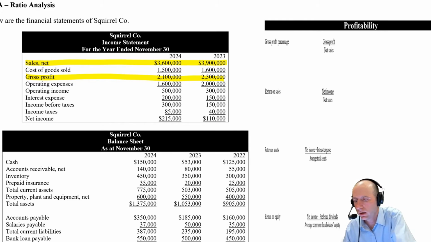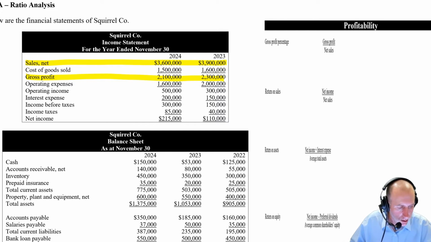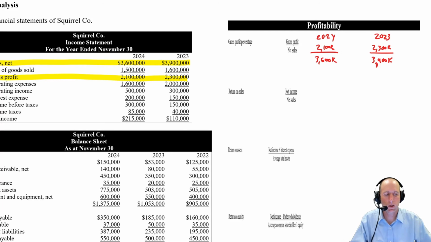So 2024, 2.1 million divided by 3.6 million. And that compares to 2023 when it was 2.3 million divided by 3.9 million. Okay, let's crunch those numbers.